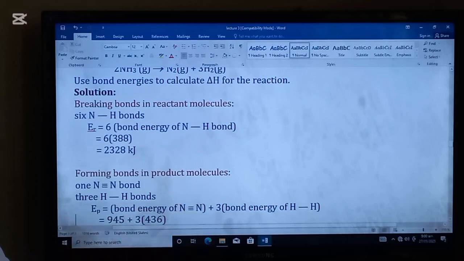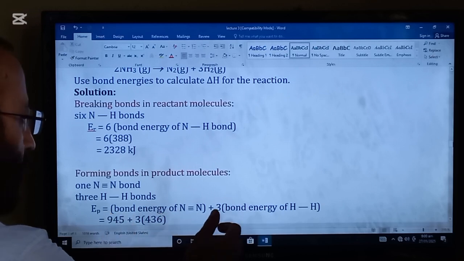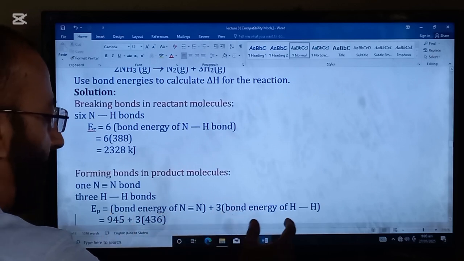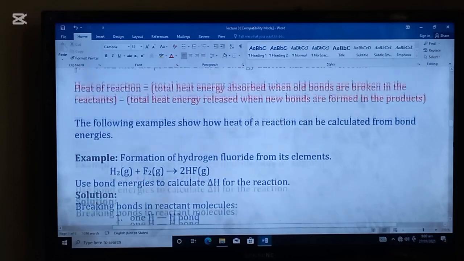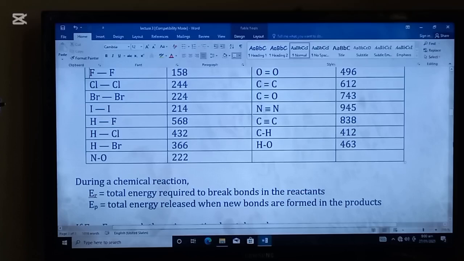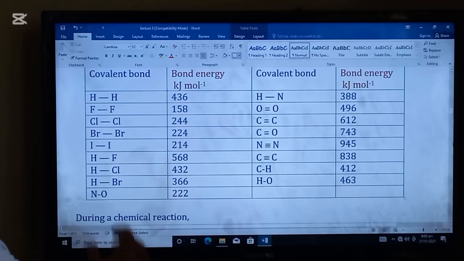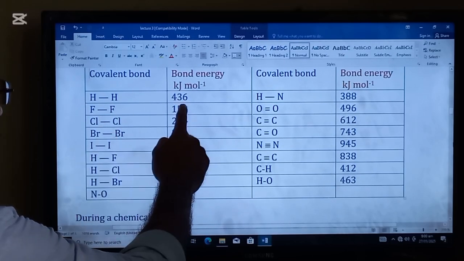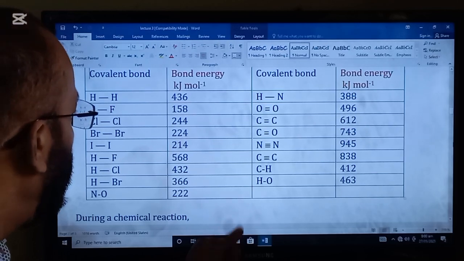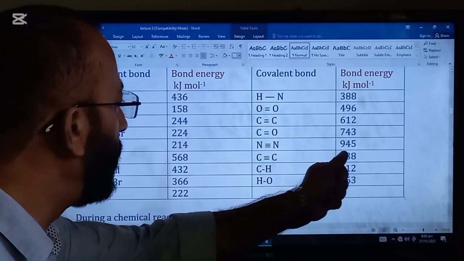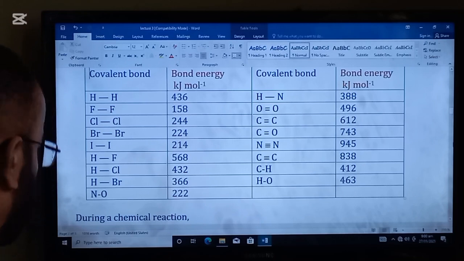So bond forming energies are the bond energy of N≡N plus 3 into the bond energy of H-H. So we will go to the table again and note the values. Here is H-H, that is 436, and here is N≡N, that is 945.